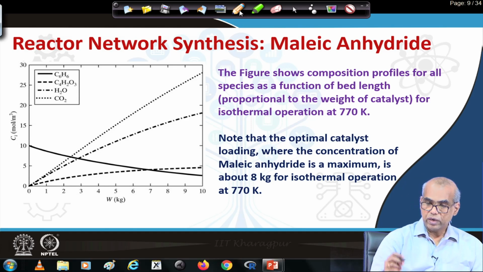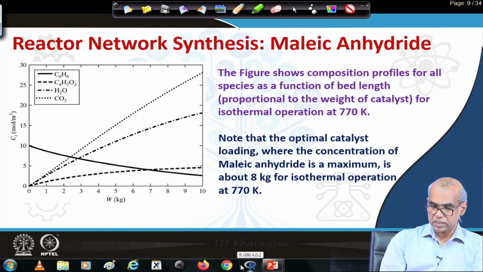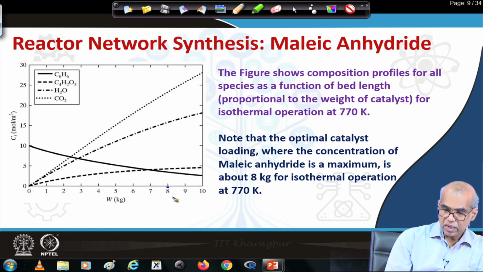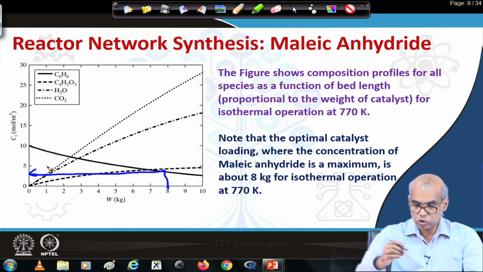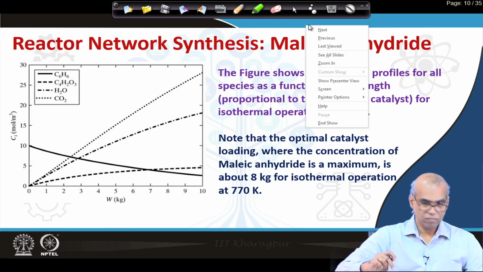Now, you can note that the optimum catalyst loading, where the concentration of maleic anhydride is maximum, is about 8 kg, for this isothermal operation at 770 Kelvin.